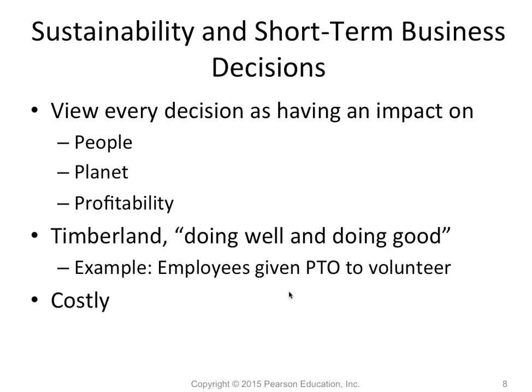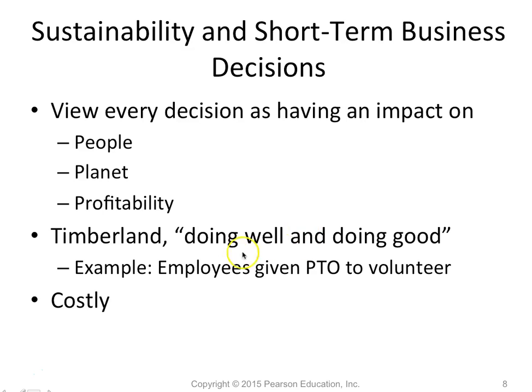Sustainability, I know we have this all the time. It's about environment and social responsibilities, and when managers make decisions, they may take sustainability into consideration. For example, there's Timberland, the shoemaker, the outdoor products maker, and they have this "doing well and doing good."